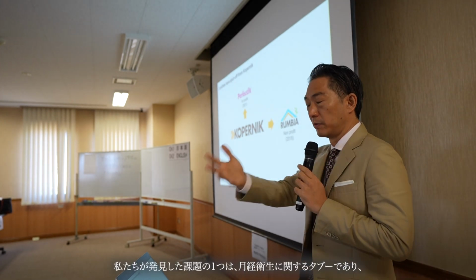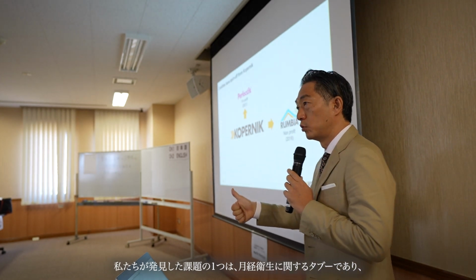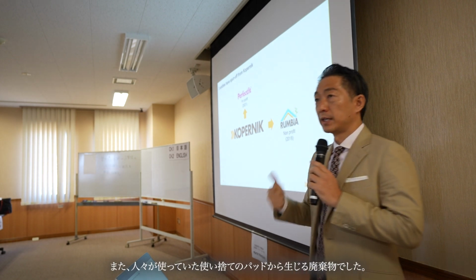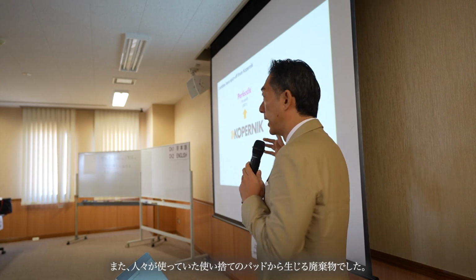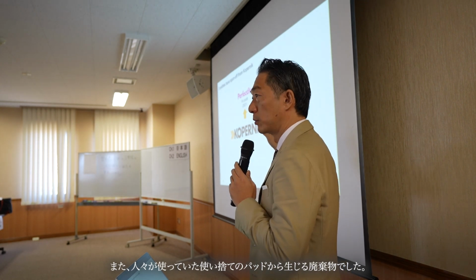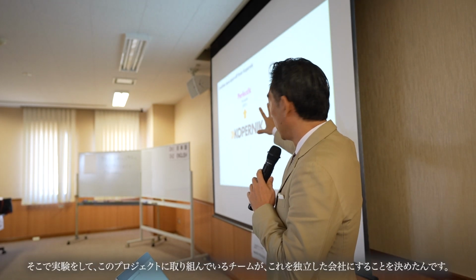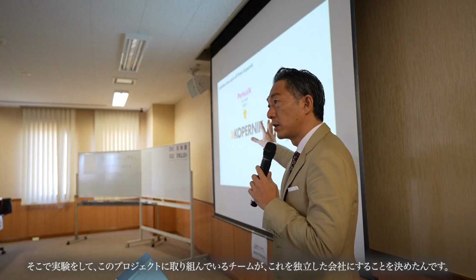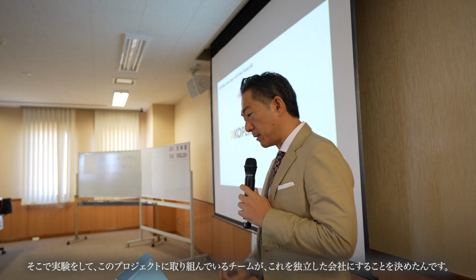And because one of the challenges that we found was the taboo around menstrual hygiene, and also the waste produced through the disposable pads that people were using. So we did an experiment, and then the team worked on this project, decided that they're gonna make this into an independent company.